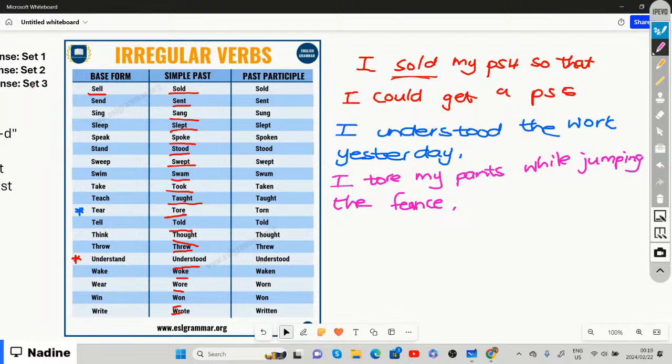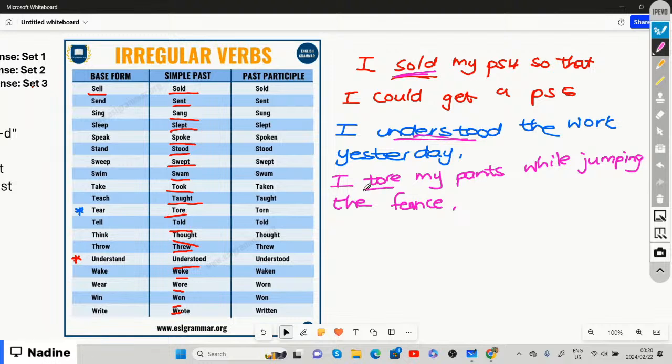And if we look at all three of these irregular past tense verbs, in the first one it says, I sold my PS4 so that I could get a PS5. So our irregular past tense is sold. I understood the work yesterday, so the irregular past tense over here is understood. I tore my pants while jumping the fence.